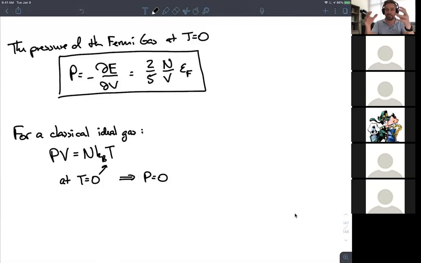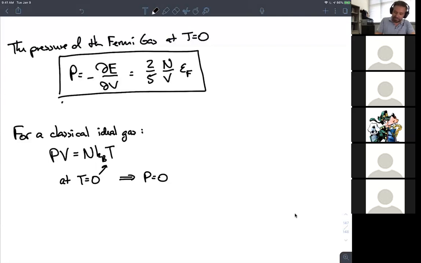If they're completely stationary, they're not going to be smacking up against the walls of the container, and that's where pressure comes from. The pressure of a gas comes from the atoms and molecules colliding with the walls of the container and imparting momentum to the walls. If they are not moving, they cannot collide with the walls, and therefore you have zero pressure.